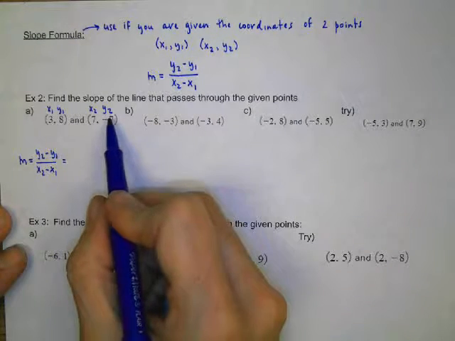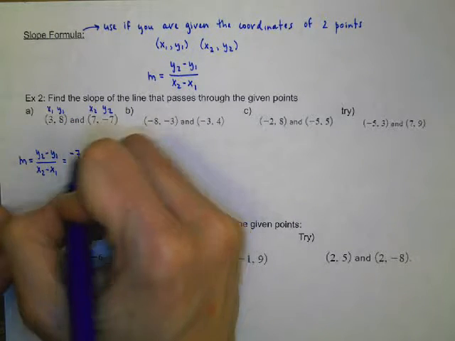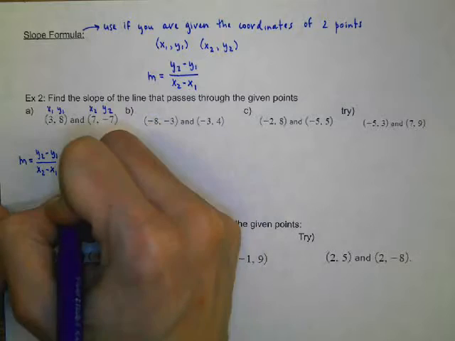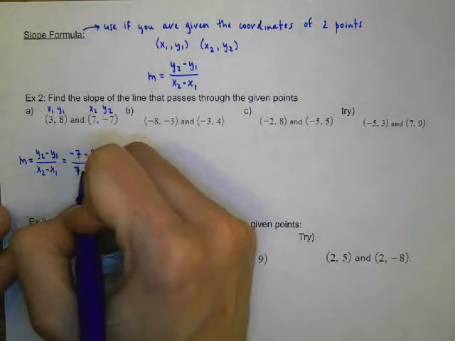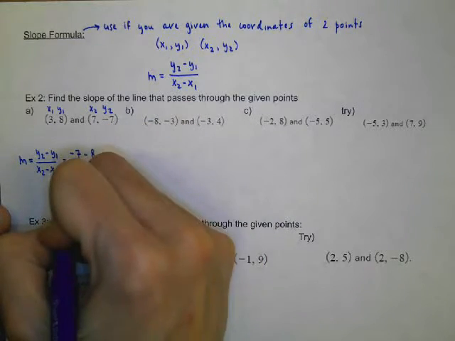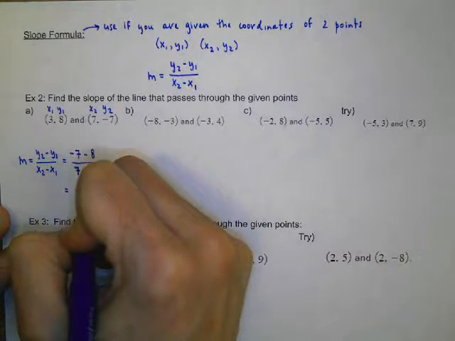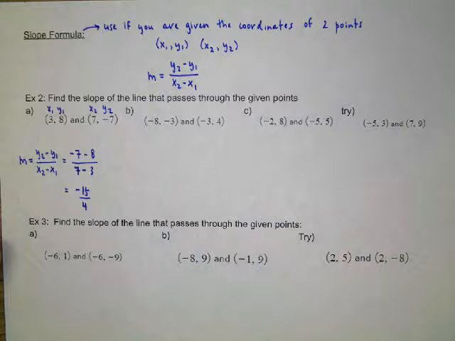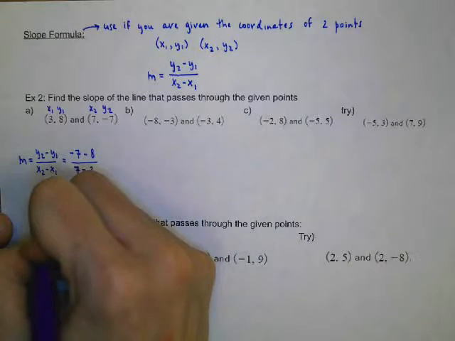And I'm just going to substitute. y2 is negative 7 minus y1 is 8 over x2 is 7 minus my x1 is 3. So if I simplify that, negative 7 minus 8 is a negative 15, and my denominator, 7 minus 3, is 4. And that's my slope.